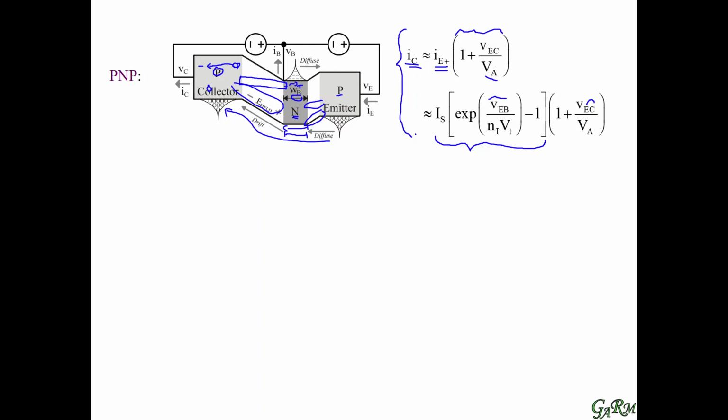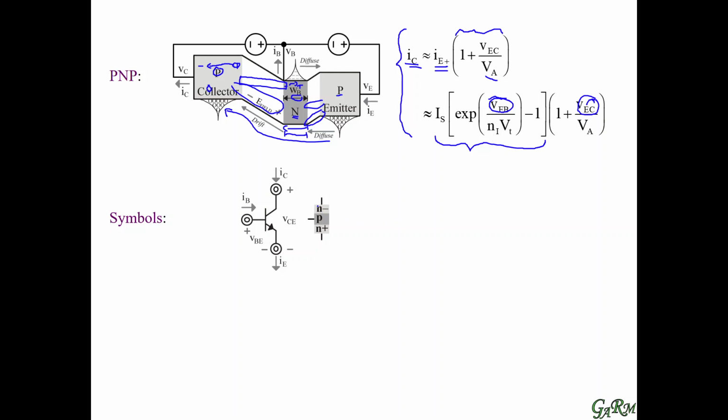And instead of a positive base emitter voltage, we have a negative base emitter voltage, which is why we use the emitter base voltage. Instead of a positive collector emitter voltage, we have a negative collector emitter voltage, which is why we use an emitter collector voltage here. Talk a little bit about symbols.